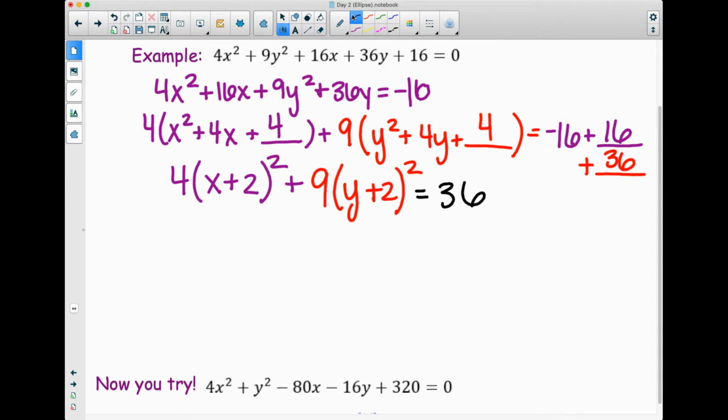But what's our main thing with all of these formulas? Has to have that 1. So we're going to divide everything by 36. So literally these last problems are pulling everything together that we've done algebraically throughout this whole lesson.